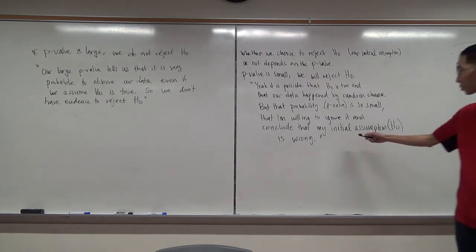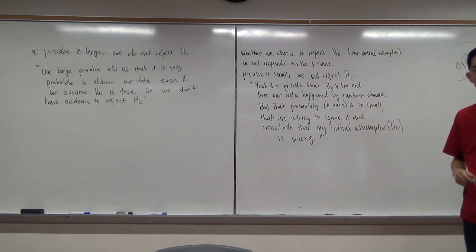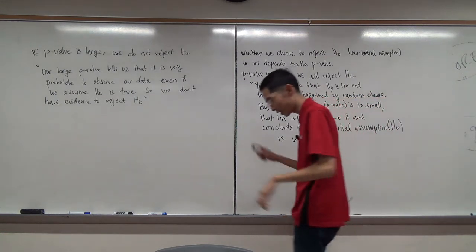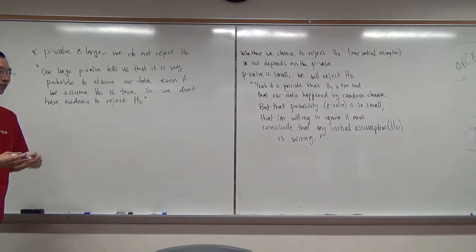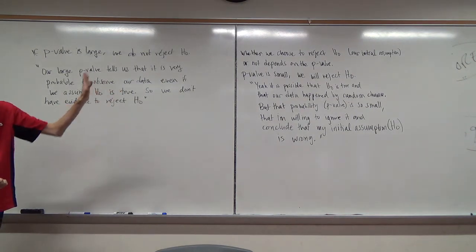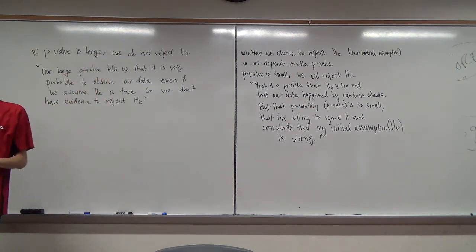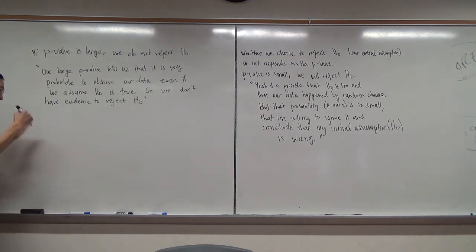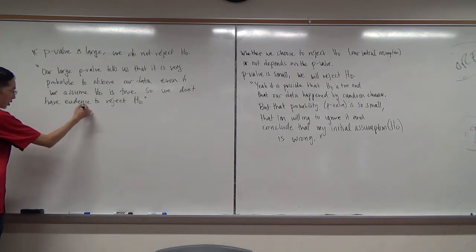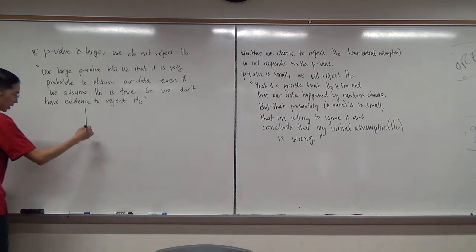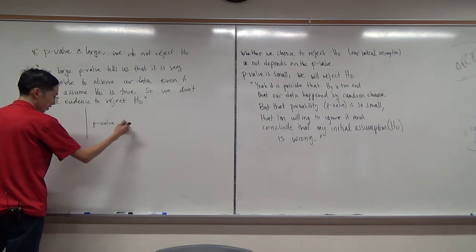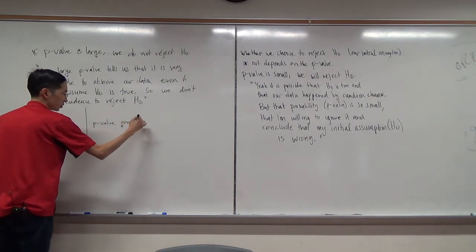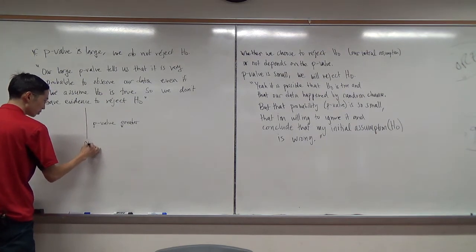No. It might be smaller. Is it always 0.05? Let me get to that. The choice of 0.05 or whatever value is known as the significance level, okay? So many times we choose an arbitrary line called alpha.